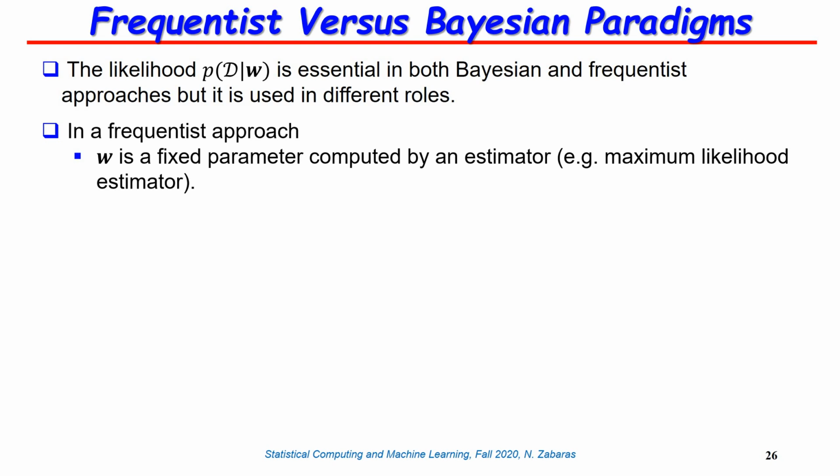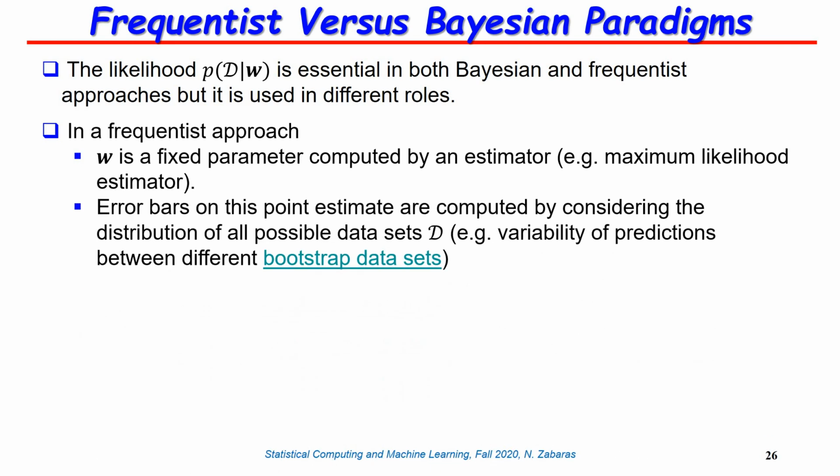Where do those error bars come from if W is deterministic and it's fixed? Well, the idea is that in the frequentist setting, these error bars come when you change the training data set. So there are error bars over different training data sets D. This is what the frequentist statisticians call the bootstrap data sets.